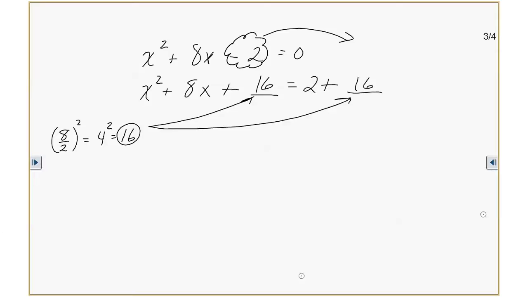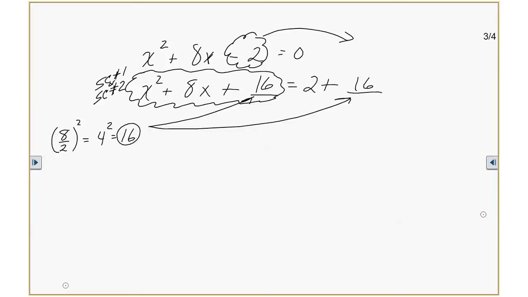And now, when you complete the square, you will have shortcut number 1 or shortcut number 2. That's why you complete the square. On the left side, you will have shortcut number 1 or 2. Good.